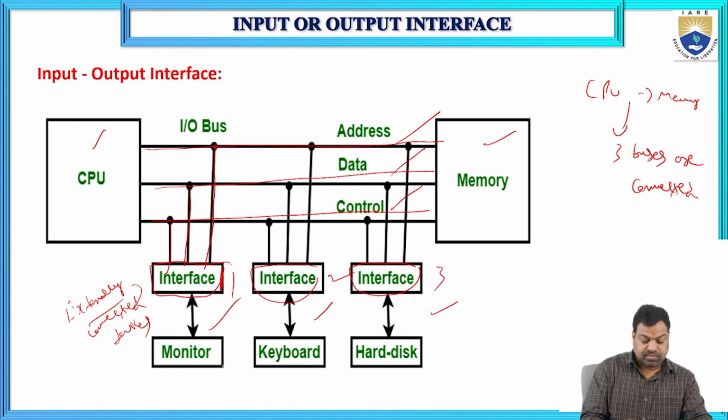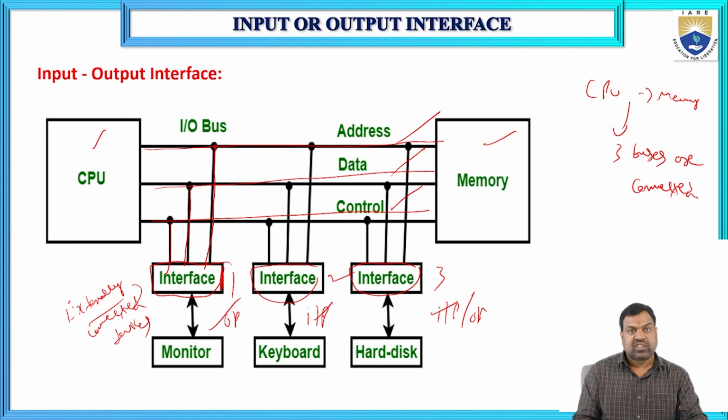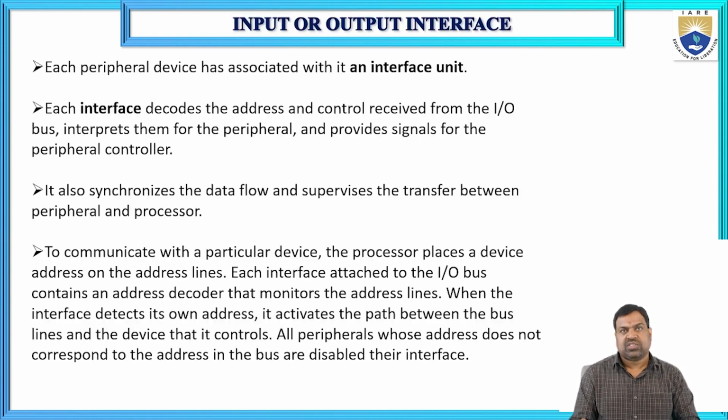These are interfaces between the CPU and memory with address, data and control buses. There are many interfaces, but here we take three as examples. Monitor, keyboard and hard disk are connected to the CPU and memory through the buses. Each peripheral device has an interface unit associated with it.